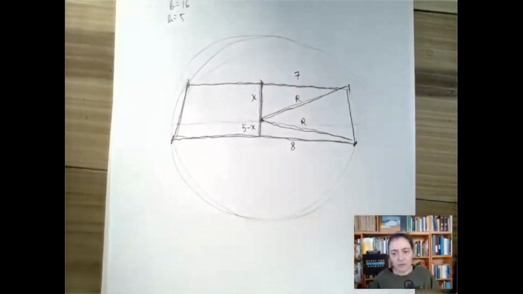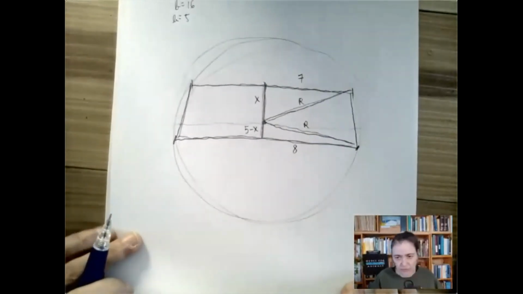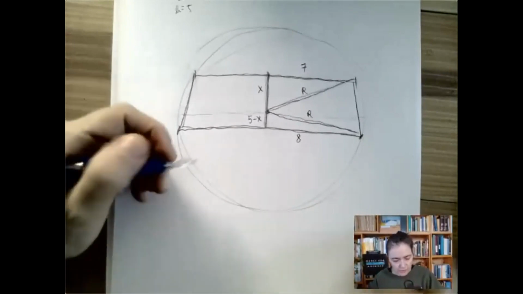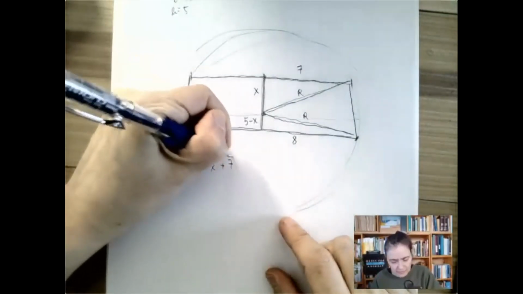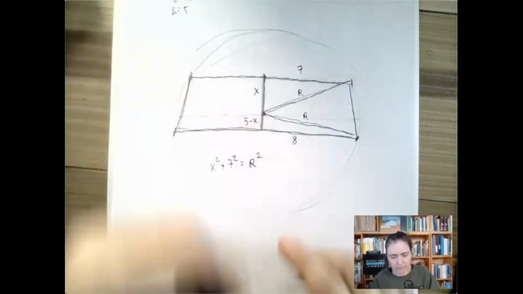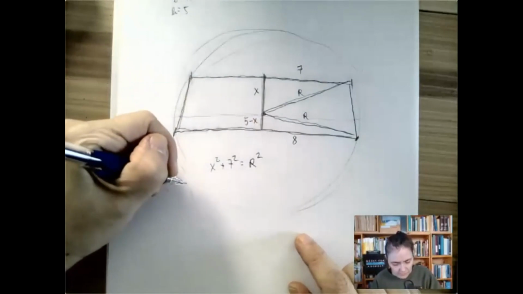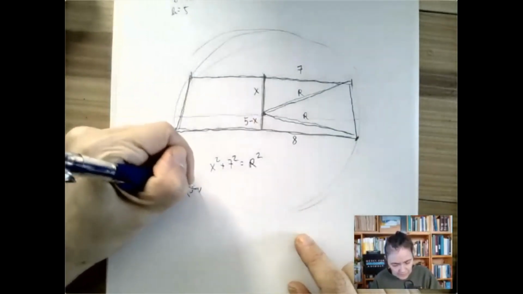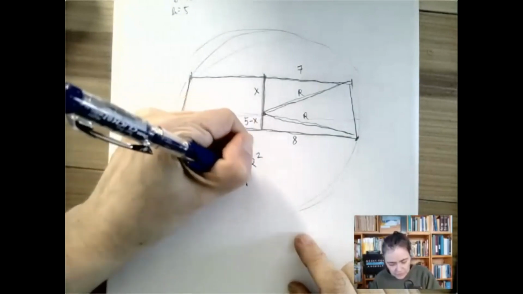And then we have two unknowns, two right triangles, so we should be okay by stating the Pythagorean theorem on these two triangles. So first equation, x squared plus 7 squared equals r squared. Looks nice enough. Second equation, a little bit more complex, (5 minus x) squared plus 8 squared equals r squared.